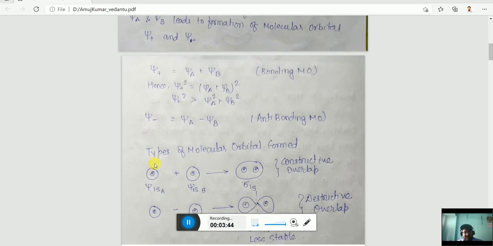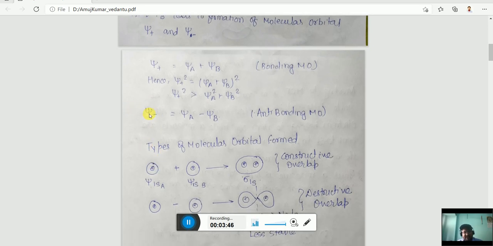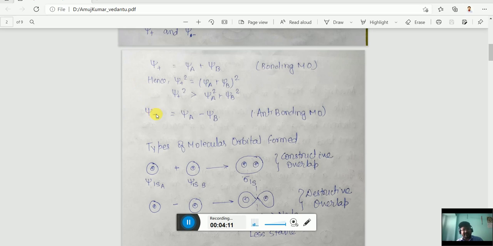That of destructive interference is psi minus, formed by subtracting psi A minus psi B. In this case, the energy of psi plus is lower than either the energy of psi A or the energy of psi B. But in the destructive type, the energy of psi minus is greater than either psi A or psi B.